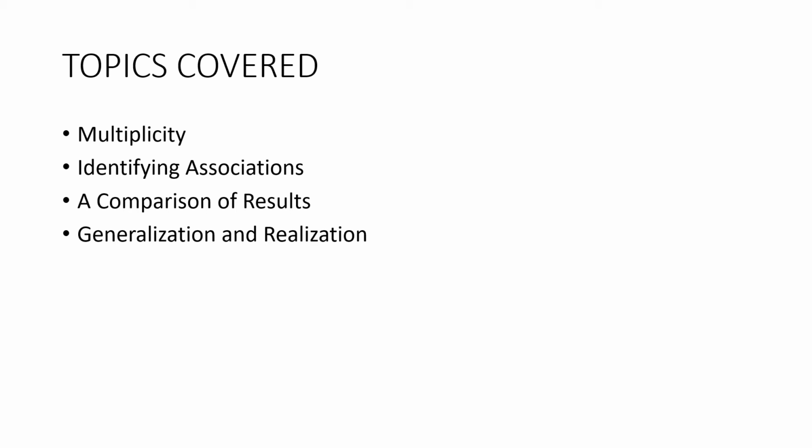Those topics are covered by the reverse engineering: multiplicity, identifying the association, and a comparison of results, and generalization and realizations. This is a picture shown from a part of the comparison of results.